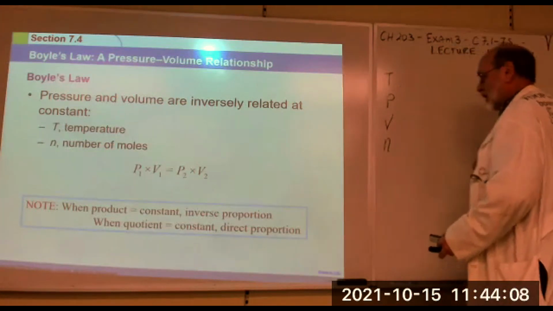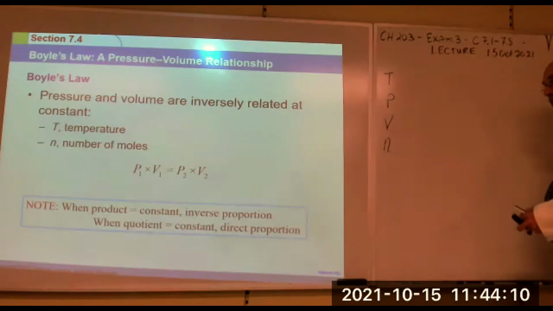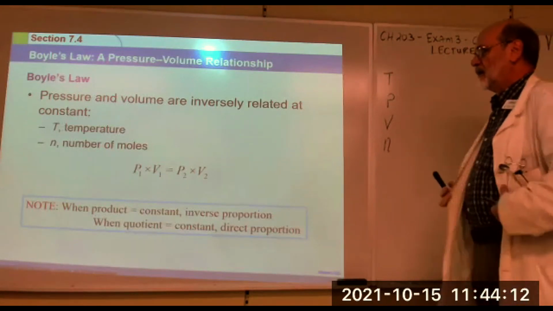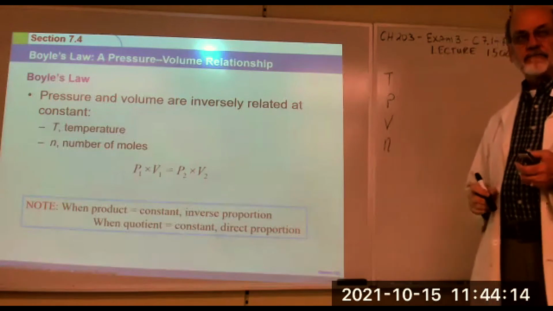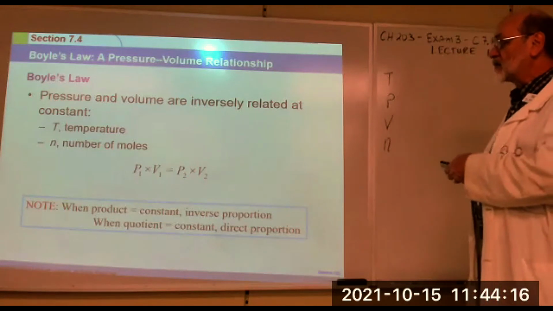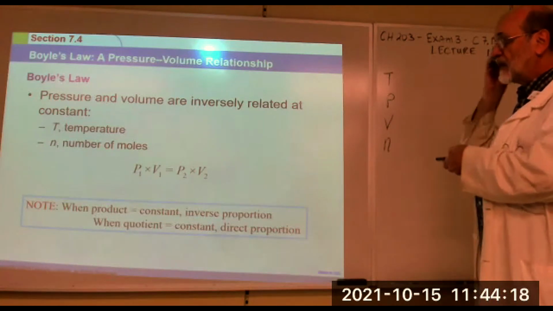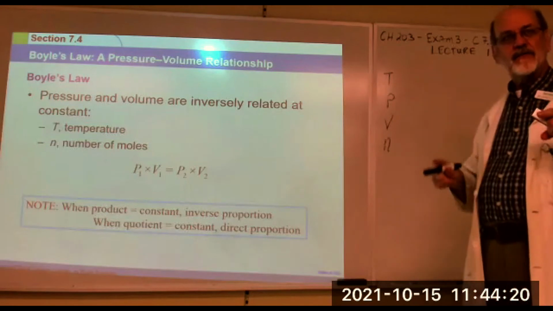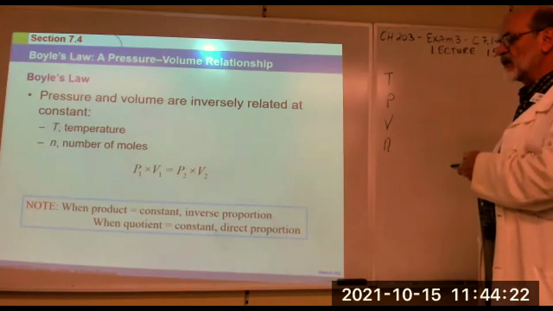Volume is easy to measure, and now pressure can be measured. So Robert Boyle was an Englishman, and he made a quantitative measure of the relationship between pressure and volume.